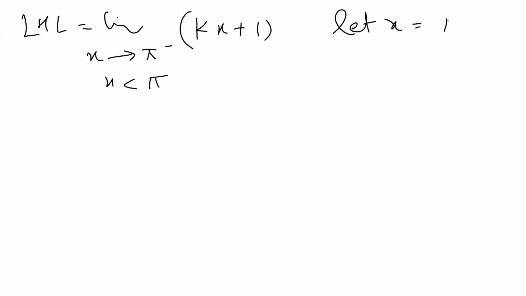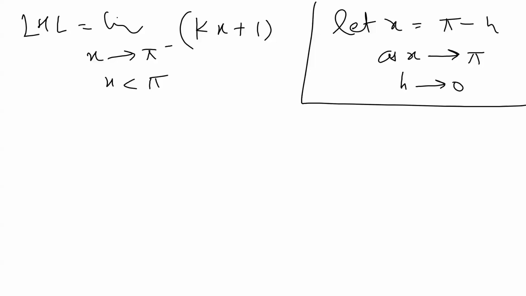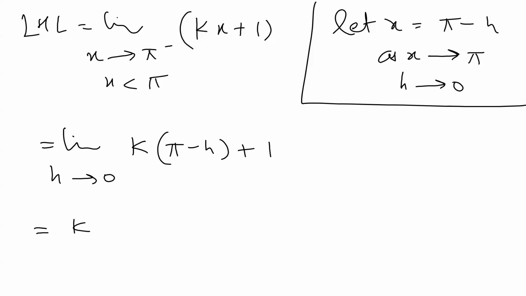Let x equal pi minus h. As x approaches pi, h will approach 0. So limit h approaching 0, k into pi minus h plus 1. No denominators, so just put the value of h as 0. So k pi plus 1.